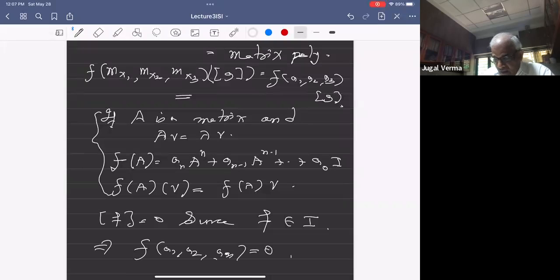Read everything in R mod I. We are operating on a residue class of a polynomial in R mod I, that's the eigenvector, but the residue class of f is 0 in R mod I. So when I take residue classes everywhere in this equation, I should get 0, but the eigenvector is not 0, and therefore this value must be 0. So that is the proof.